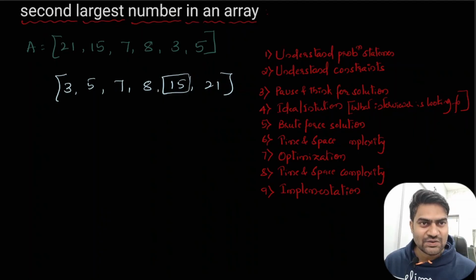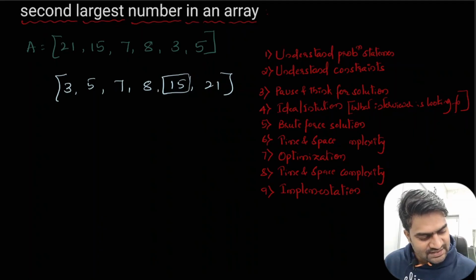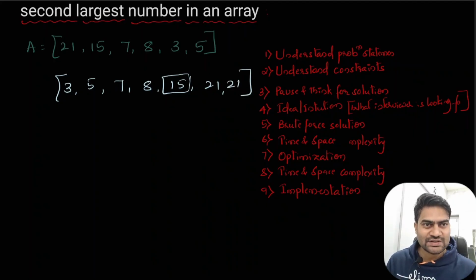In this scenario it is okay, but assume we have two 21s in the array. Let us consider the array something like this. Here that is not the case, right? Here the third number from the last is our second largest.